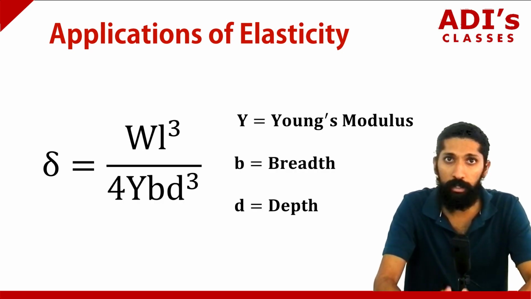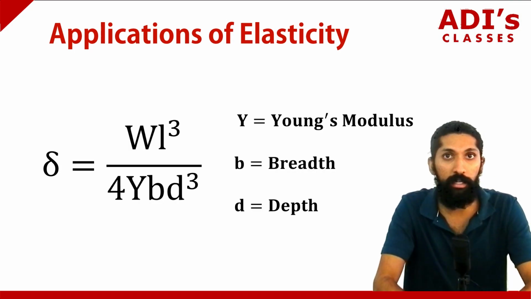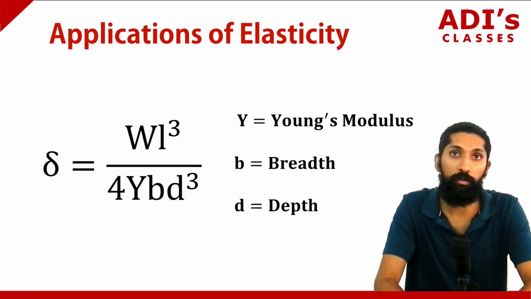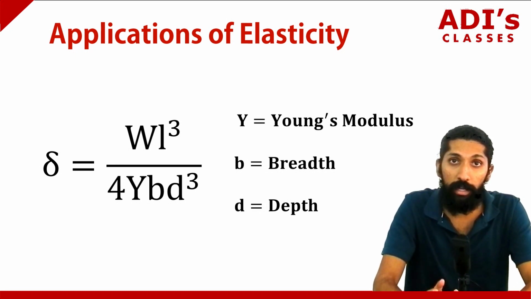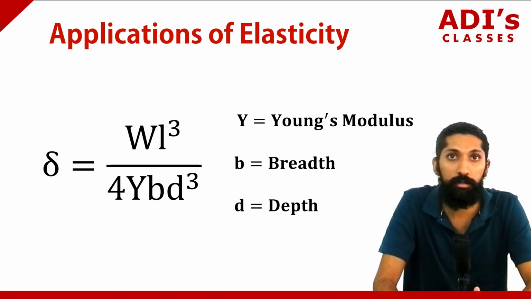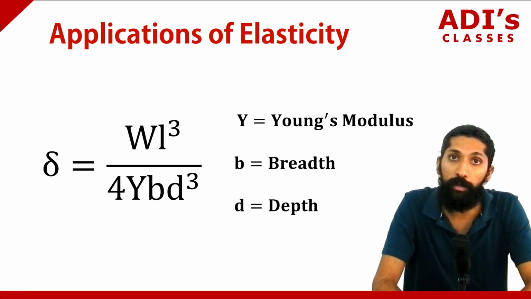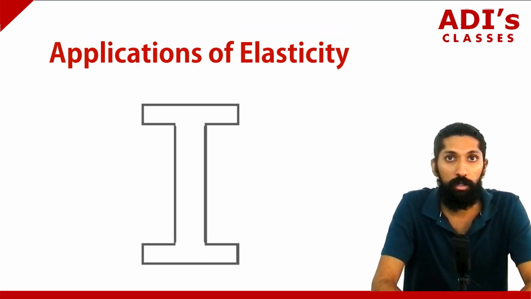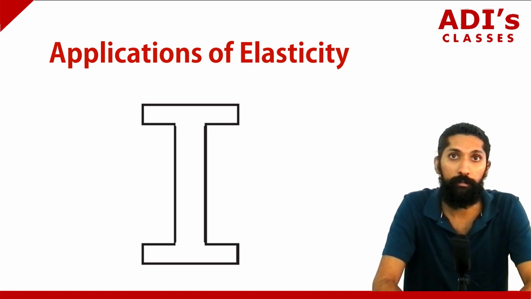Now, if you look at these three, Y, B and D, D plays a major role because you have D cube. So what we do is increase the depth of the bridge. You cannot directly increase the depth of the bridge, because the bridge is going to bend otherwise. That's why there are different structures, like the letter I-shaped beam.